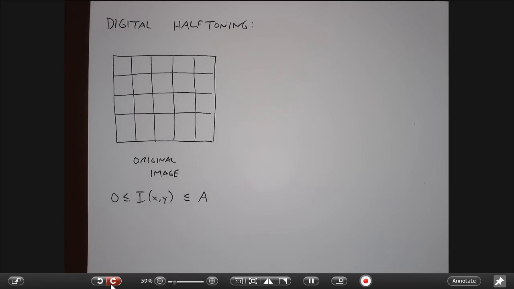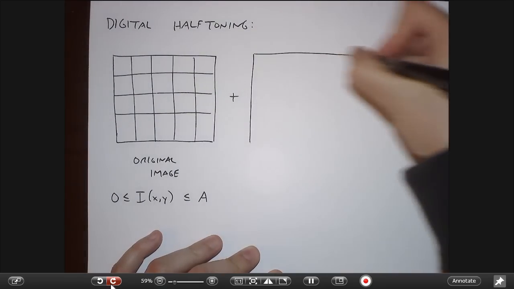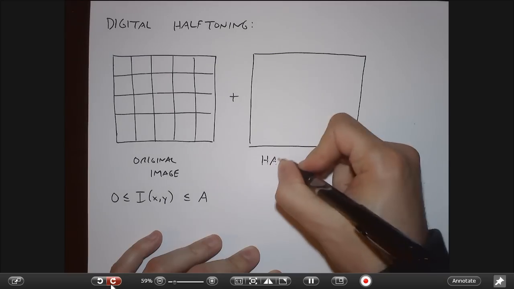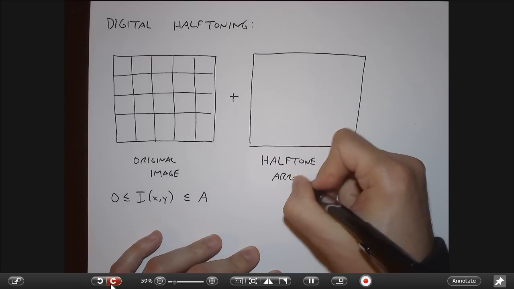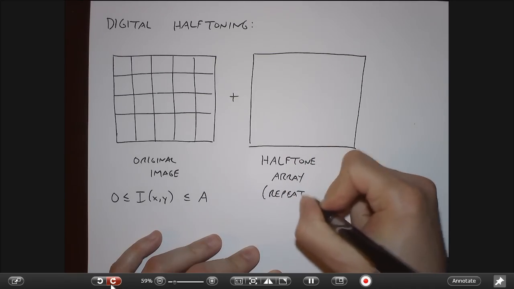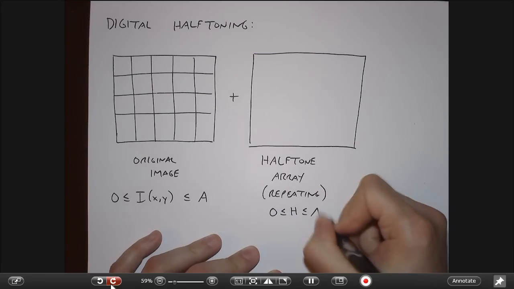Then I add to this image a repeating halftone array, or a halftone screen. And so this is repeating. Again, each of the blocks has the same range as the original image.